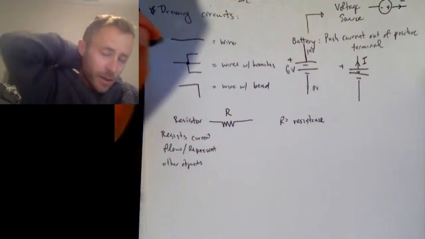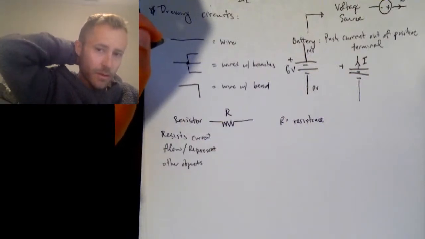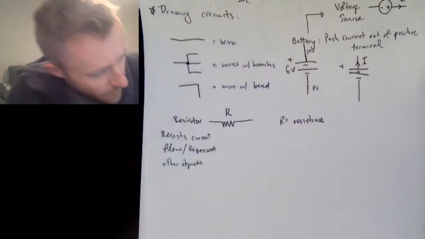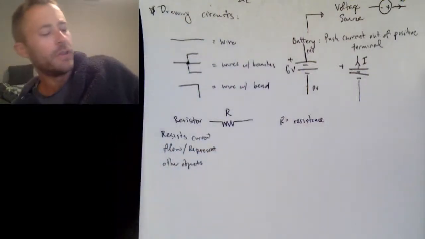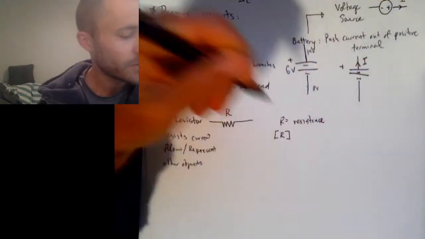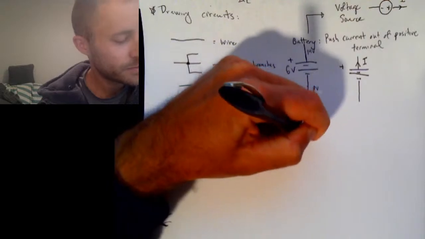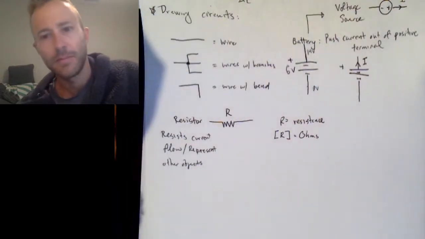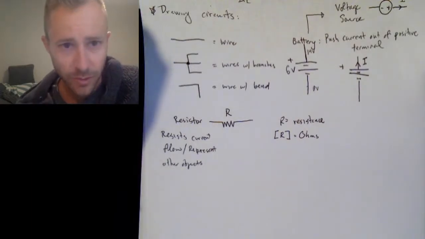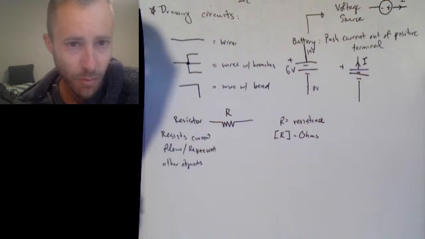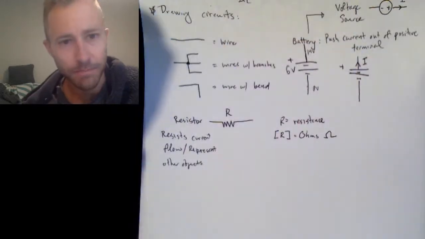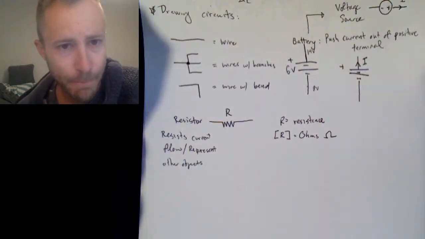The units of resistance are called ohms, because the person who first studied resistance was Georg Ohm, and that has the symbol capital Greek letter omega.